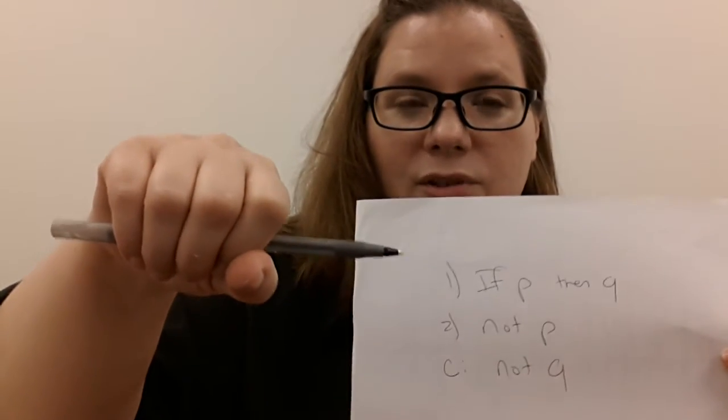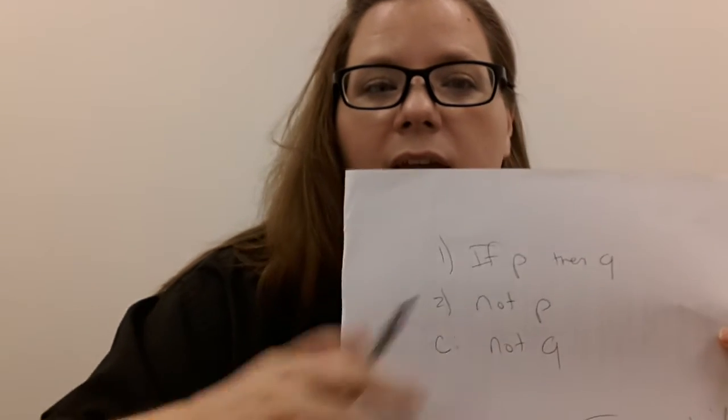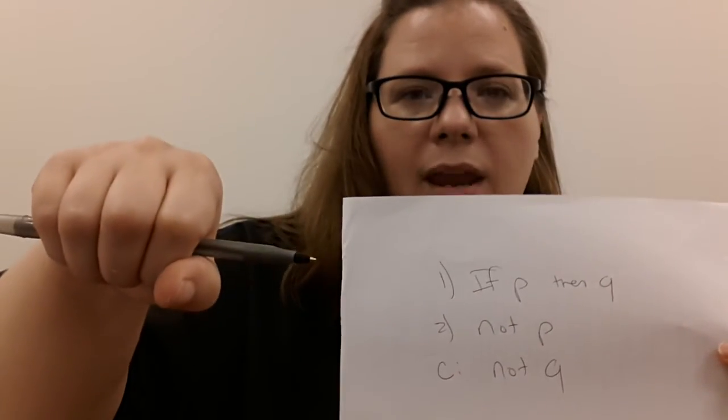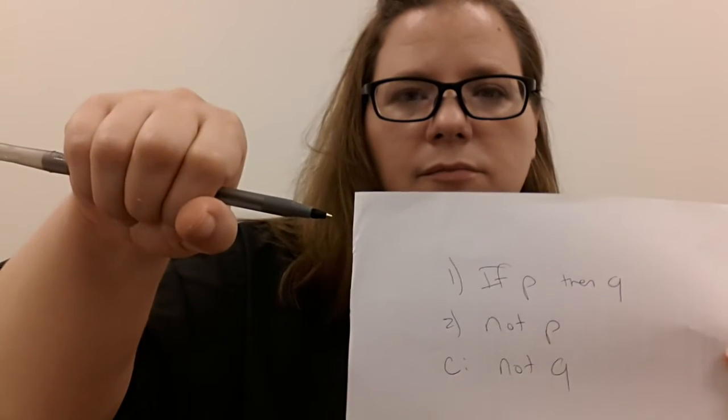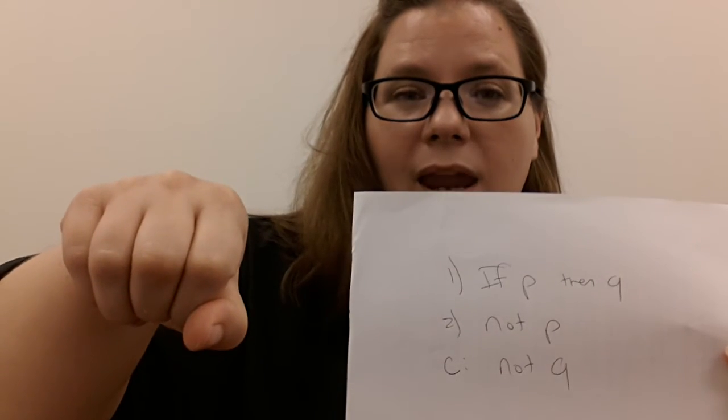Wait a second. Is it possible to have true premises and a false conclusion on this one? If I open my hand, then the pen will drop. Premise 2, I did not open my hand. Conclusion, the pen did not drop. The pen did drop. I did not open my hand.